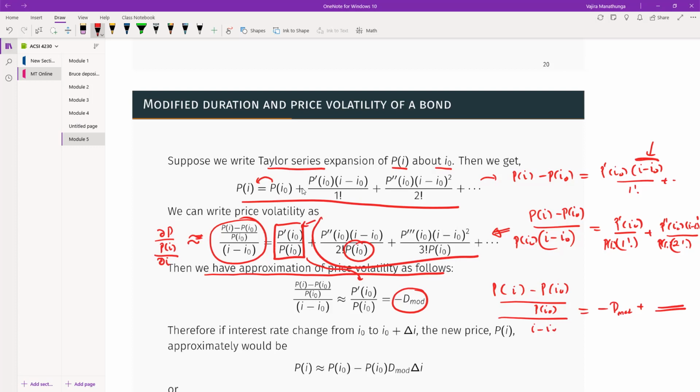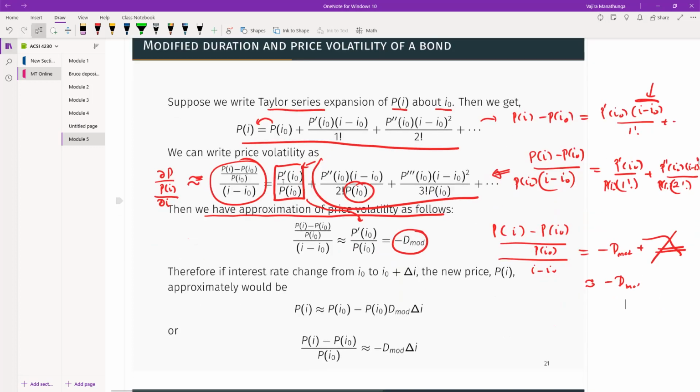When you remove the rest, you get an approximation. So basically, modified duration is an approximation of price volatility. And then if you cross multiply, you can see that Pi is going to be equal to Pi naught plus Pi naught.